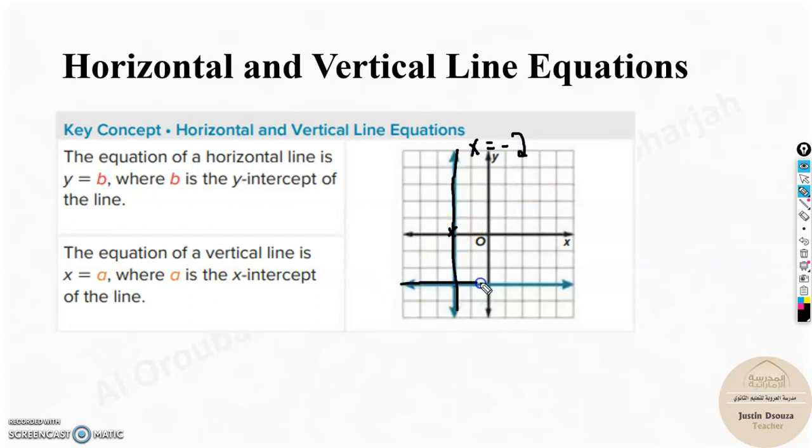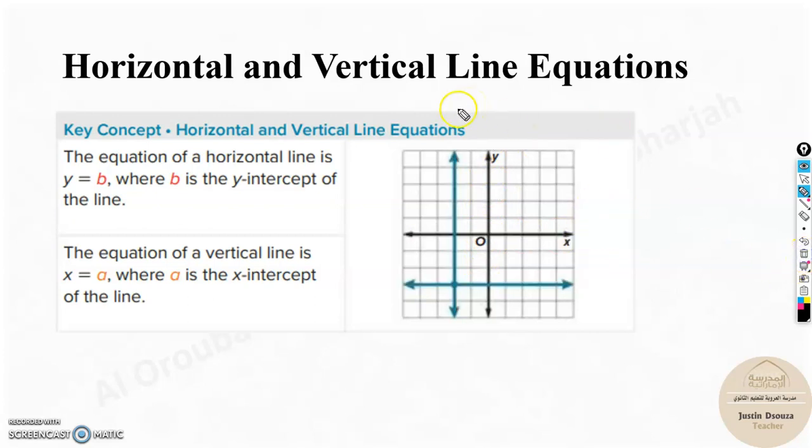Whereas the horizontal line, where does it touch? It won't touch the x-axis, it touches the y-axis. So y is equal to minus 3 in this instance. If you're thinking what if the line is over here, then we write it as y is equal to 0 because it's touching all the x values, but where does it intersect at y? That is the point in consideration.